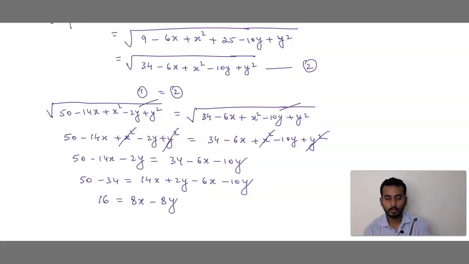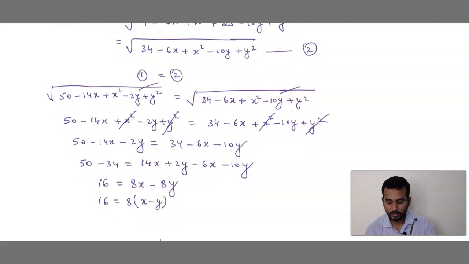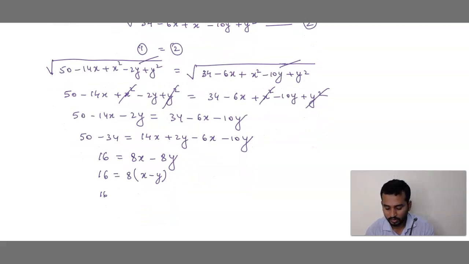So plus 2 minus 10, we cannot subtract 10 from 2, so it is minus 10 minus 2, that is 8. So now what we can say, 16 is equal to, can we take 8 as common? So what happens? x minus y. Now we can bring 8 to the denominator, 16 by 8 is equal to x minus y. 8 ones are 8, 8 twos are 16.